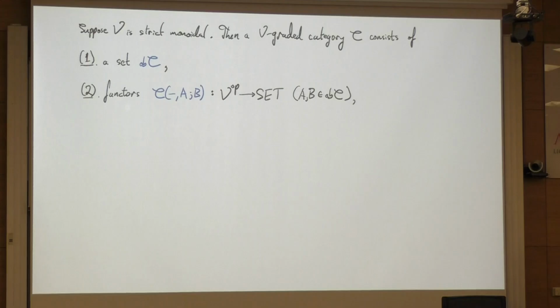I'll write them as script C blank, and then this comma-like symbol, A semicolon B. The comma-like symbol is not actually a comma, but for most purposes you can write it as a comma, and it will make no difference.